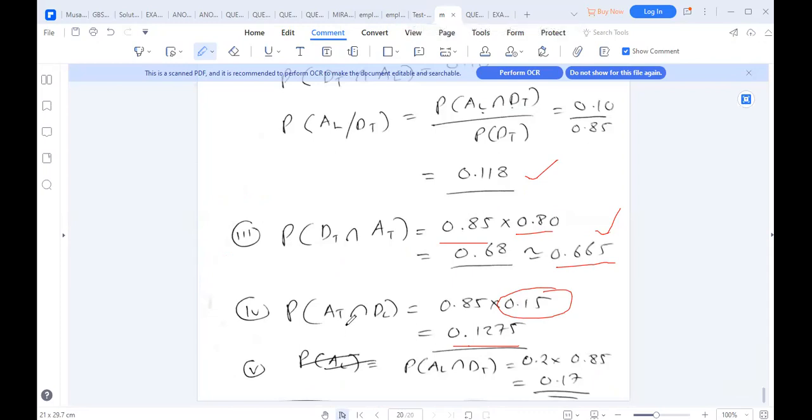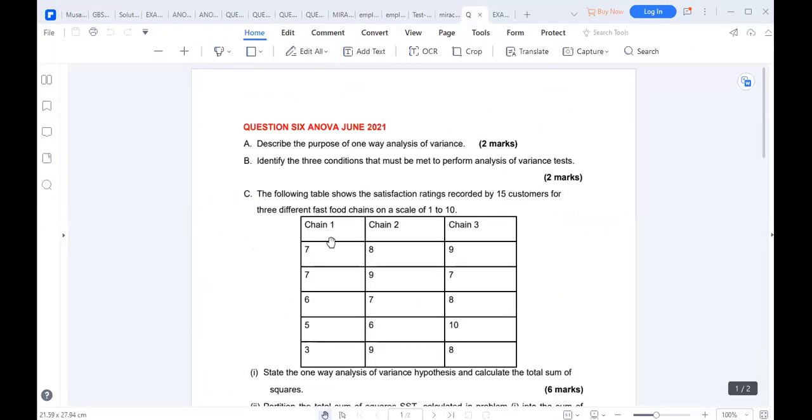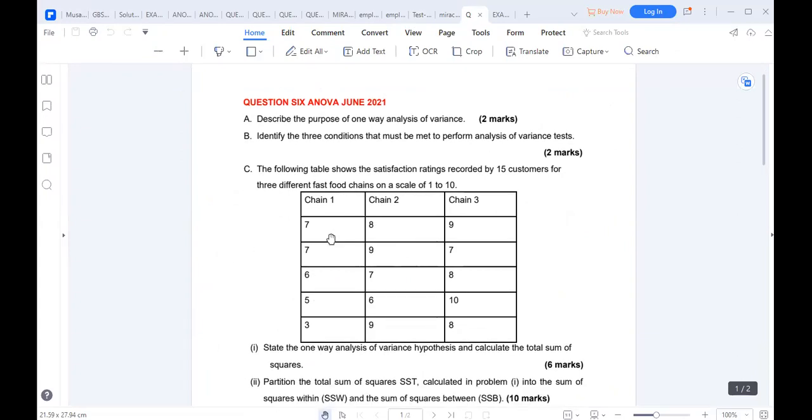Okay. So finally, we go to ANOVA, where we're given the following. Number one, we're being asked to describe the purpose of a one-way ANOVA.